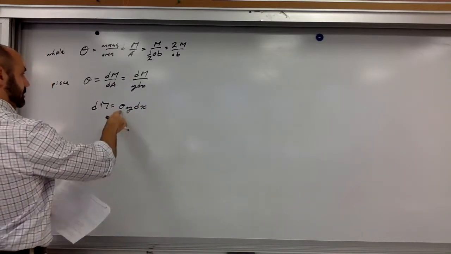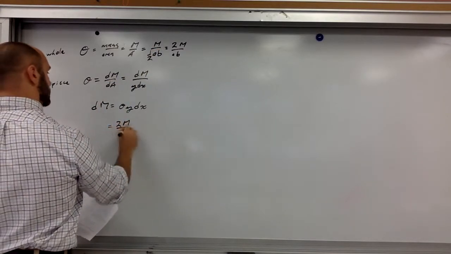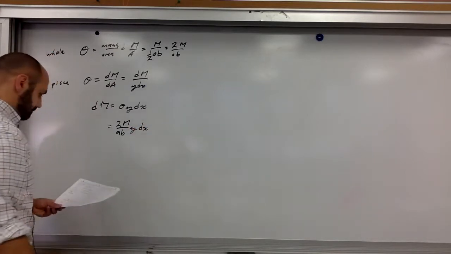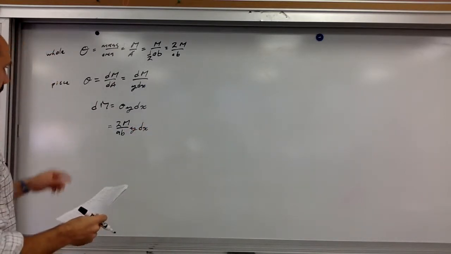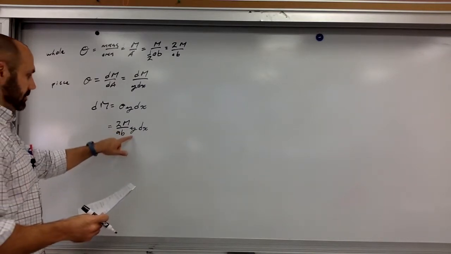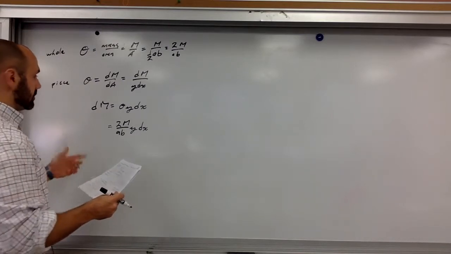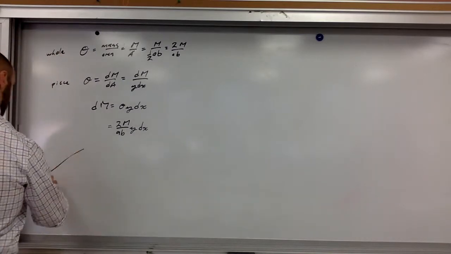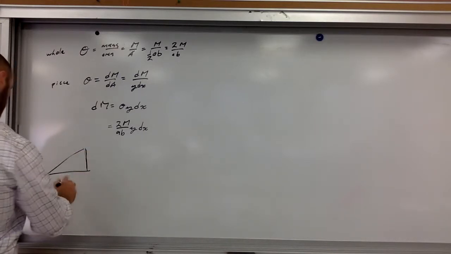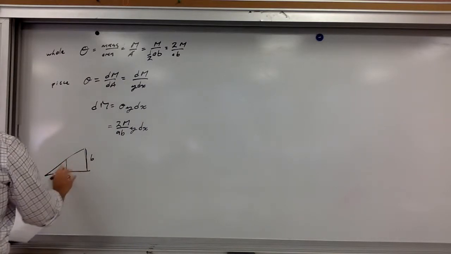Okay, and sigma for the whole thing is this, so this is equal to 2m over ab y dx. All right. Y is a function of x, though. It's linear, right? And so we can find y in terms of x, and we can use similar triangles, right? For any triangle here, this is a and this is b, and that's proportional to x and y.